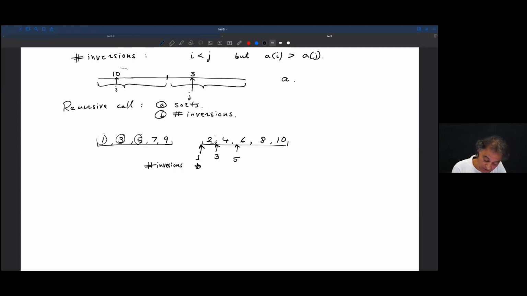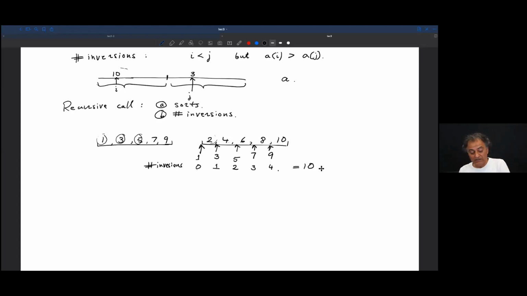This contributes 0, that contributes 1, that contributes 2. 7 fits in right here, and so it contributes 3 to the number of inversions. And 9 fits in right here, so it contributes 4. If you want to count the number of inversions, we just add up 0 plus 1 plus 2 plus 3 plus 4. So we'd get 10 inversions out here.